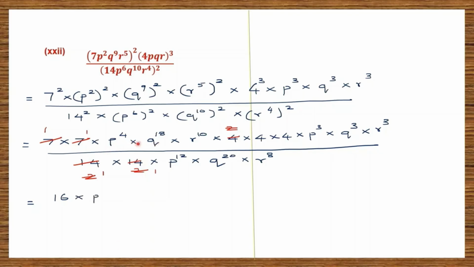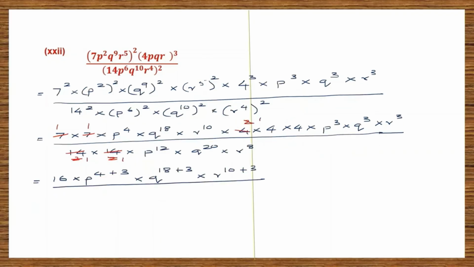4, p to the power of 4 and p to the power of 3. Because it's multiplication, we can add the powers, 4 plus 3, into q to the power of, now here again we have 18 and 3, so that is 18 plus 3, into, we have r, and r we have raised to the power of 10 and raised to the power of 3, so that is r raised to the power of 10 plus 3. So this is what we have in the numerator.